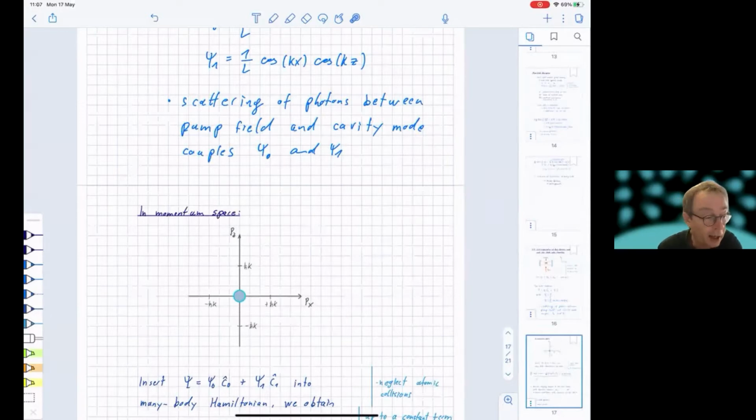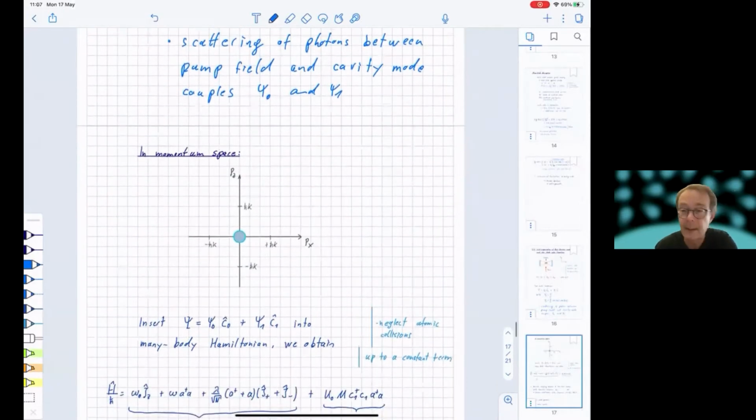And now we are wondering to which momentum states absorption of a pump photon and emission into the cavity couples. That's to get an intuitive picture. I will of course draw it in a moment. You might briefly think about it, and you're welcome to write it in the chat.